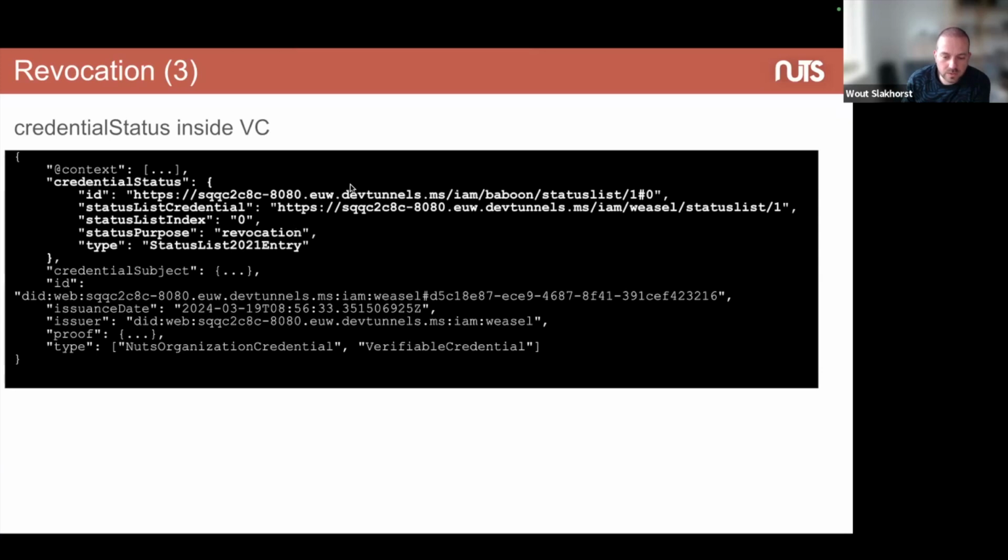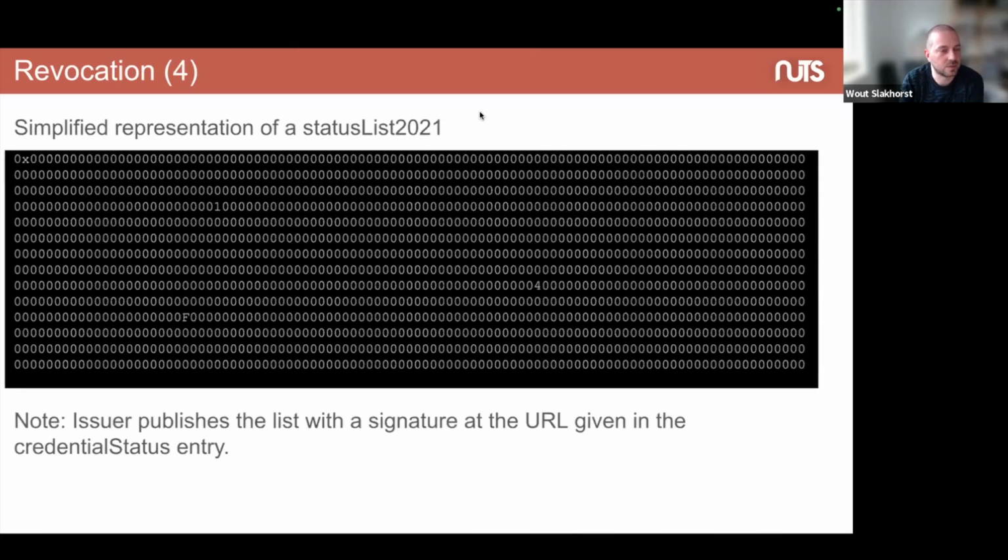If you would look at the status list at this URL, you would get something that looks like this. It's not the exact amount of zeros you would get, but you'll get a binary or, I think, it's base64 encoded string, but every bit in this large string represents a single credential that has been issued or might have been issued.